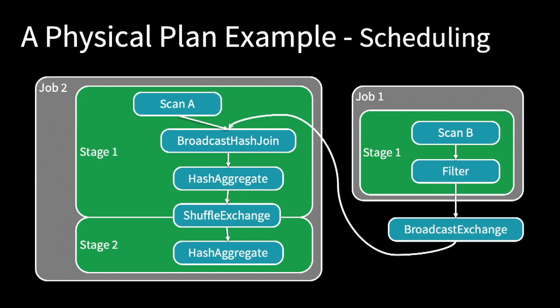That means a stage has to wait until the stages it depends on are all finished before it can start executing. In this example, we turn the physical plan into three stages, separated by shuffle exchange and broadcast exchange operators. Among these, the broadcast exchange operator generates a new job, while the shuffle exchange operator generates a shuffle as a stage boundary.